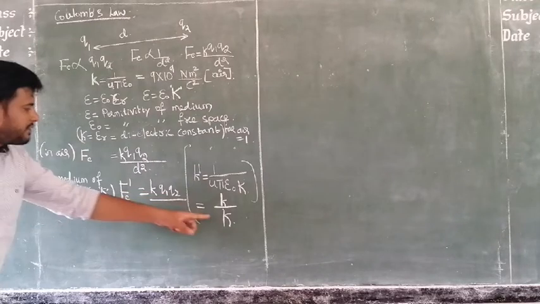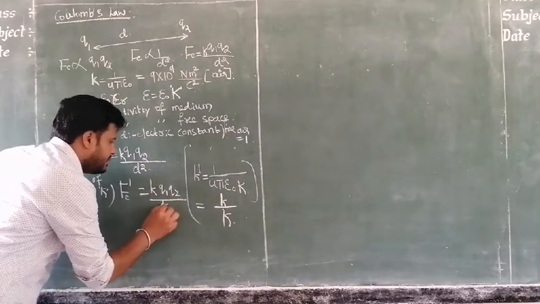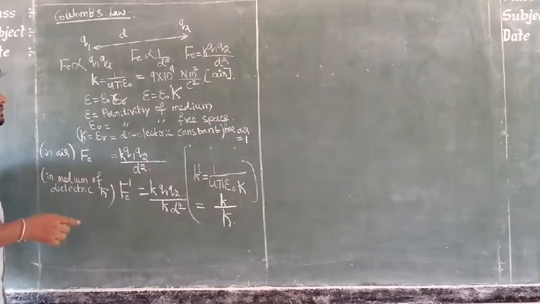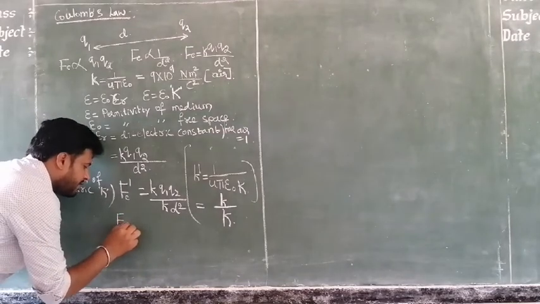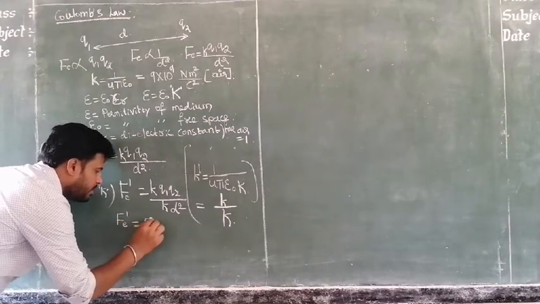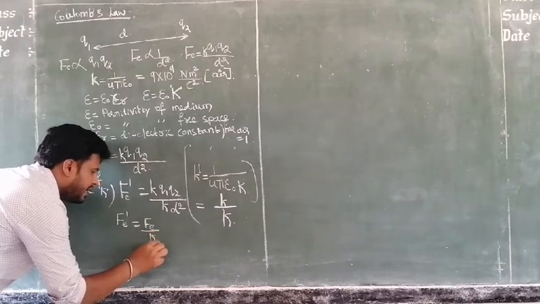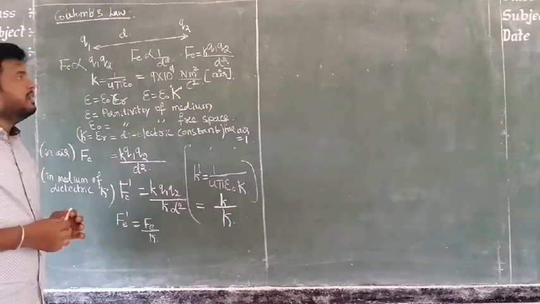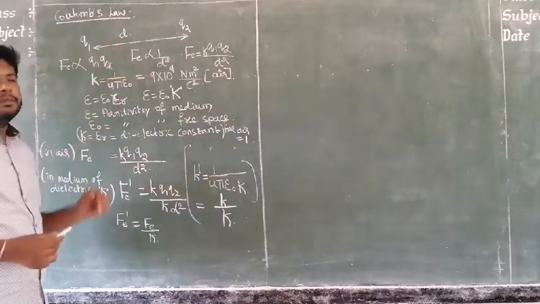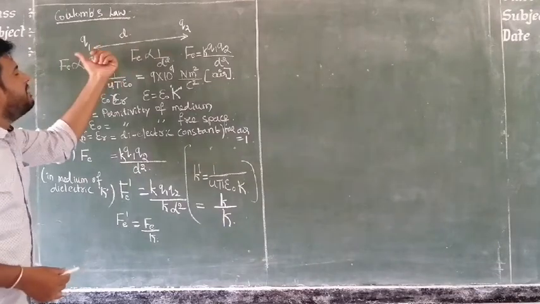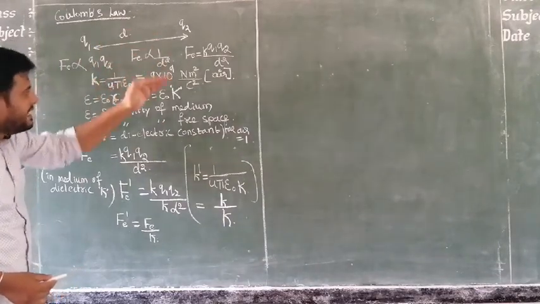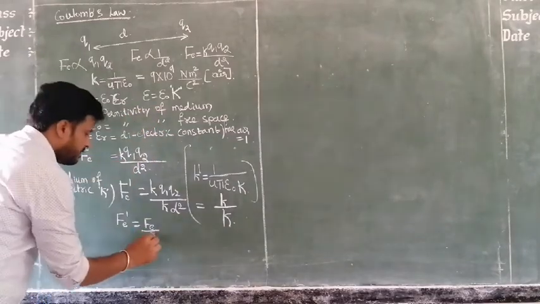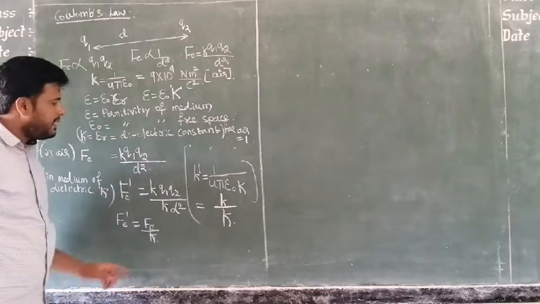Substitute that, then we are left with the capital K. Next, d square. Then we can come to one conclusion, that the electrostatic force Fe dash equals Fe divided by K. Meaning, whenever we place these charges in a medium, the force acting between these two will decrease by a factor of the dielectric constant, Fe by K.